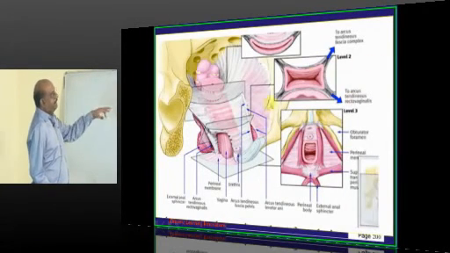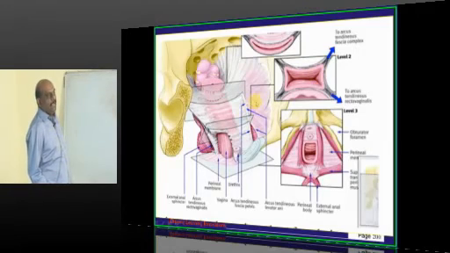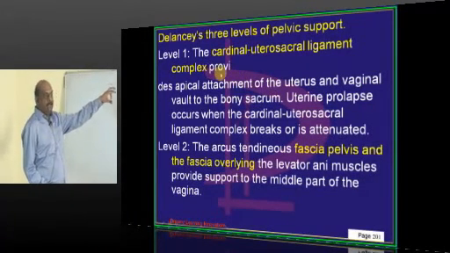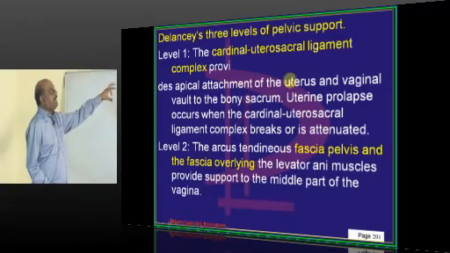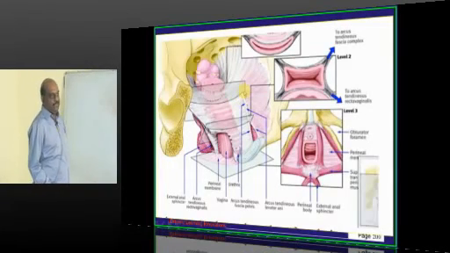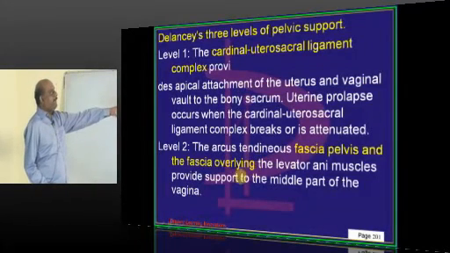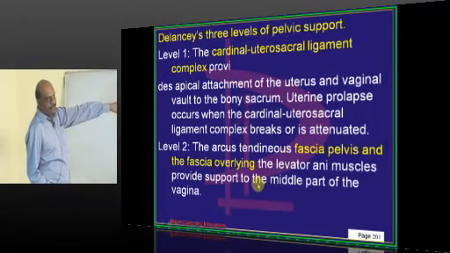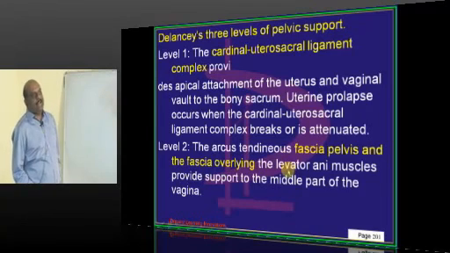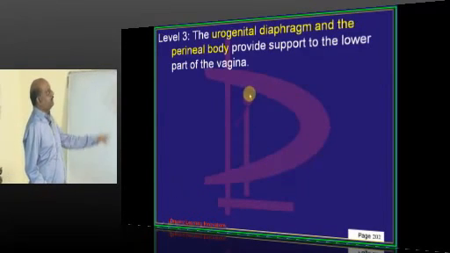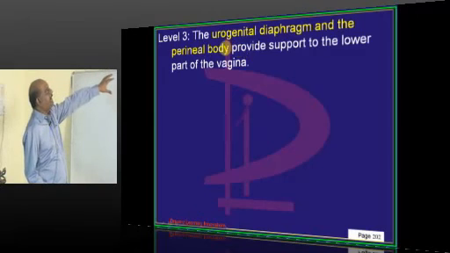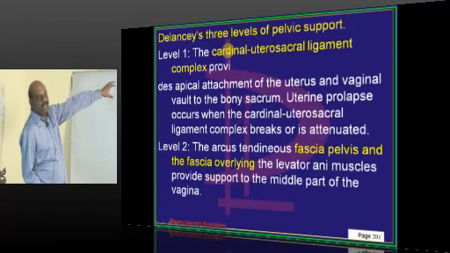The first is the cardinal uterosacral ligament complex, which provides attachment of the uterus and vaginal wall to the bony sacrum, and that is called level 1. The fascial attachments overlying the levator muscles provide level 2. The urogenital diaphragm and the perineal body provide support, which is then called level 3.